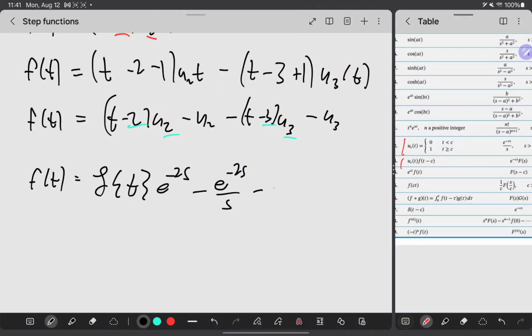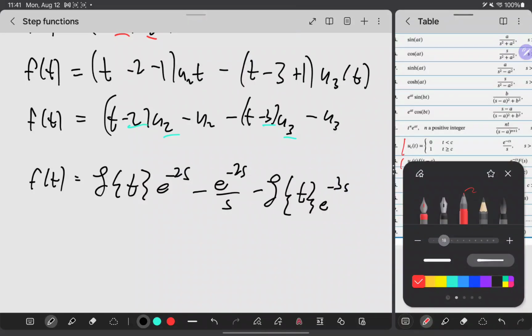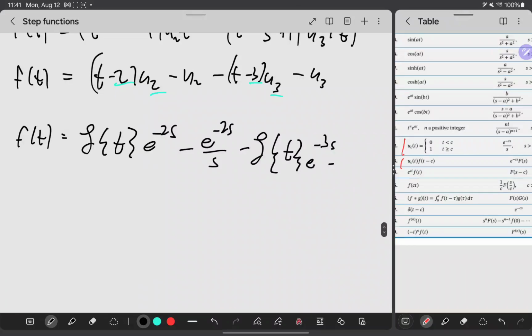Over here we have minus the Laplace of t times e to the minus 3s, minus e to the minus 3s over s. My brackets suck. That's a bracket, by the way.